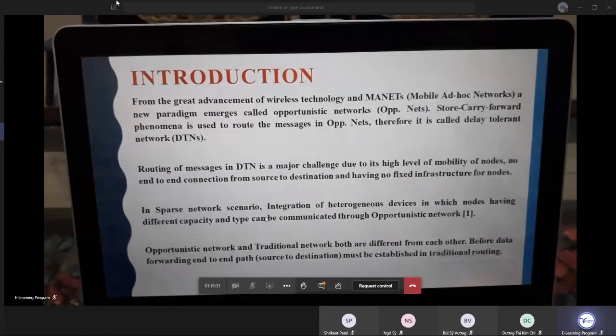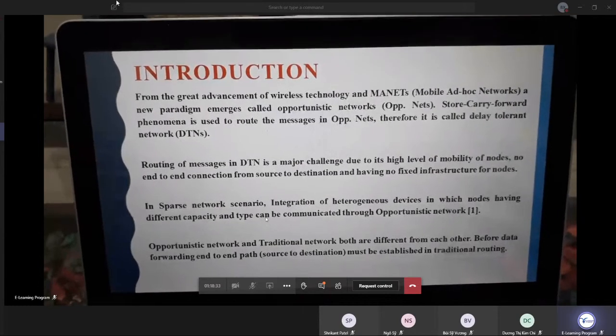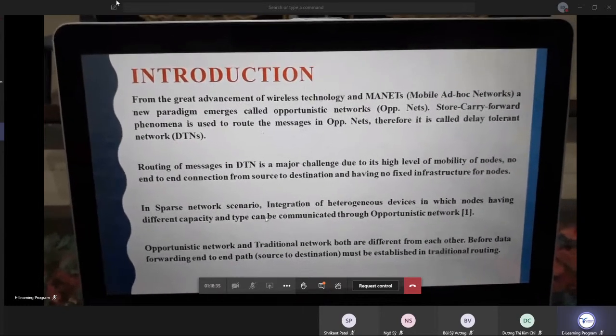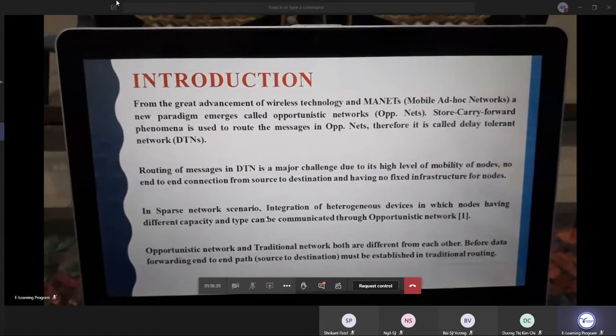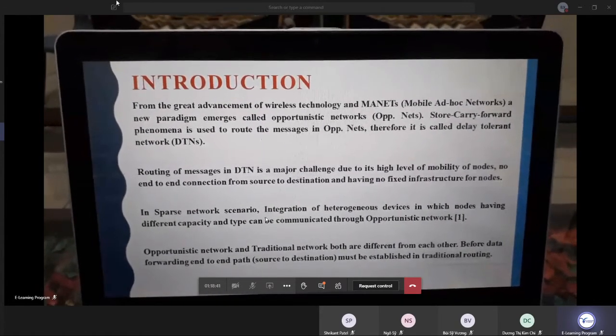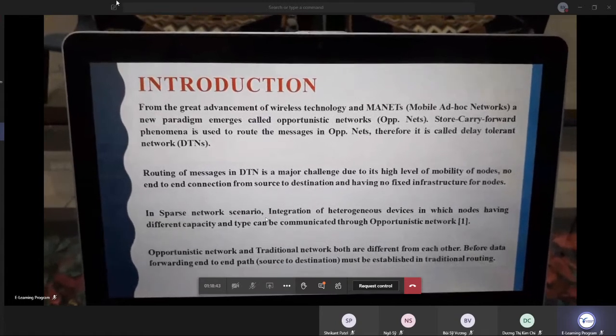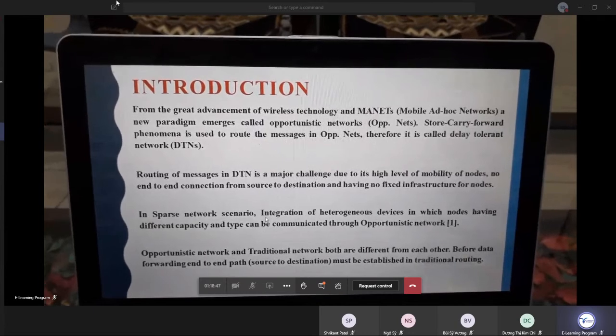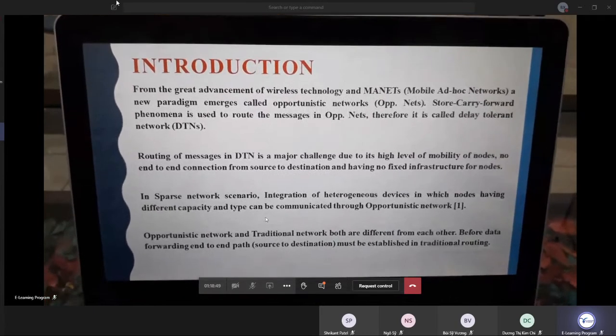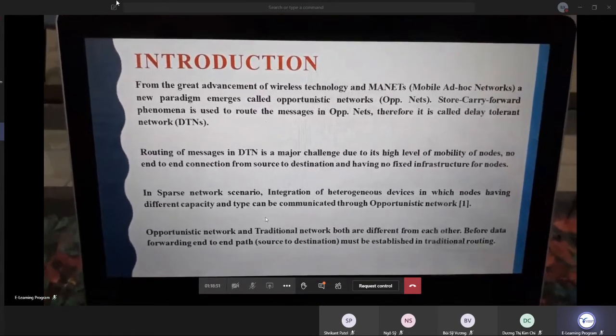So, this is the introduction of opportunistic network. After the great advancement of wireless technologies and mobile networks, a new approach was introduced, known as opportunistic network.